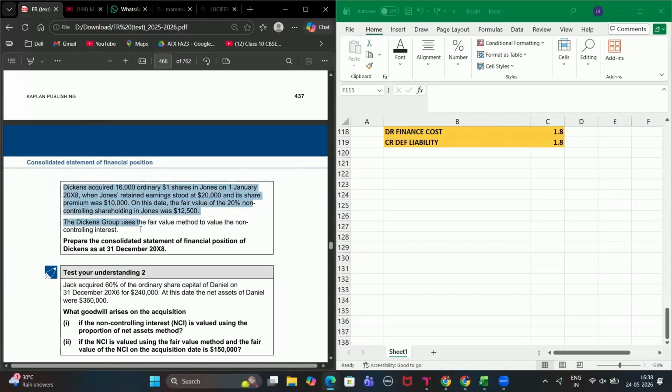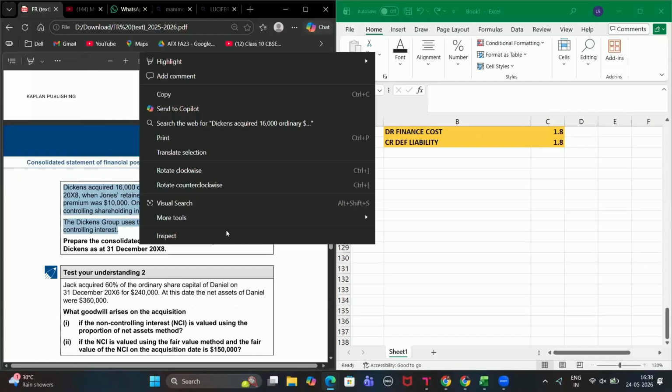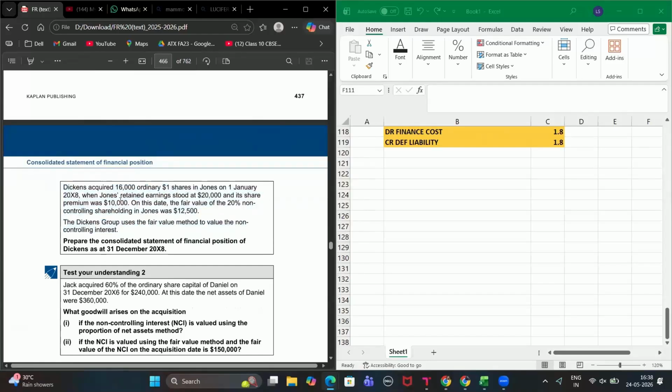Dickens acquired 16,000 ordinary shares in Jones on 1st Jan 20x8 when Jones' retained earnings stood at 20,000 and its share premium was $10,000. On this date, the fair value of the 20,000 non-controlling interest in Jones was 12,500.